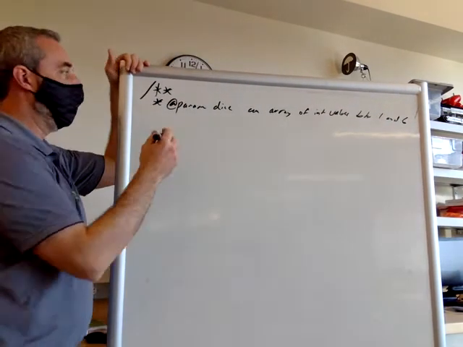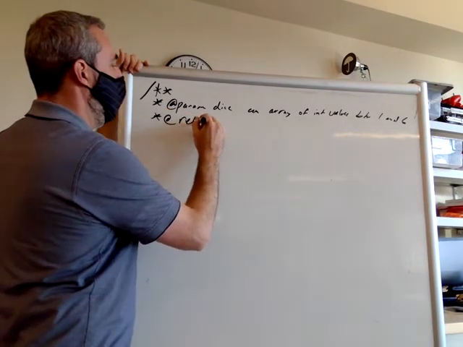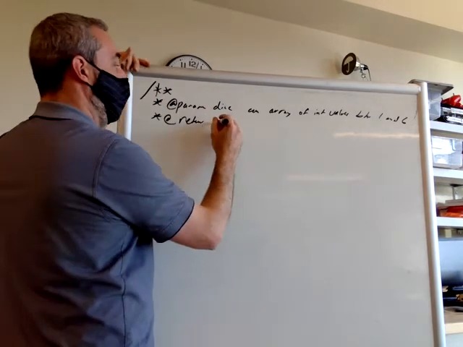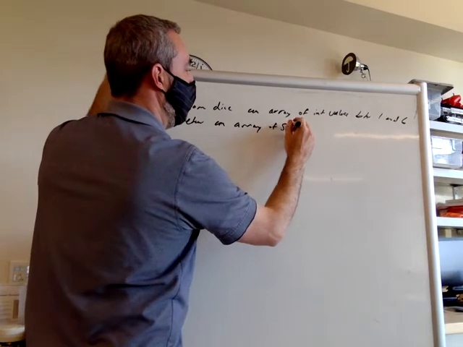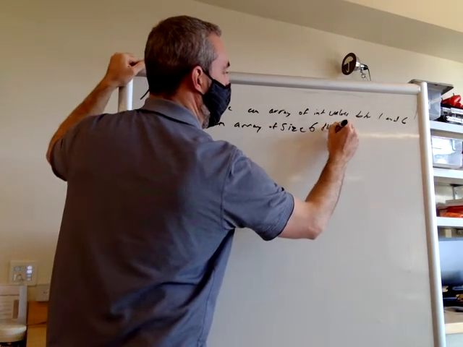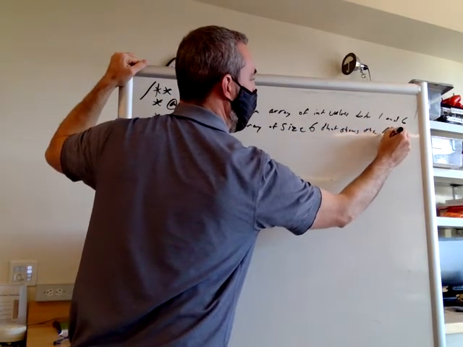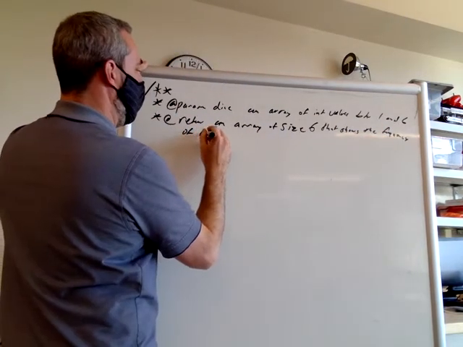And then what we want to return is an array that is 6 blocks long. So an array of size 6 that shows the frequency of each value from dice.